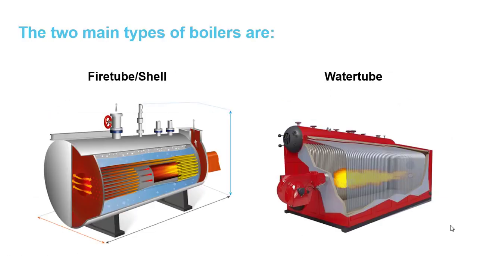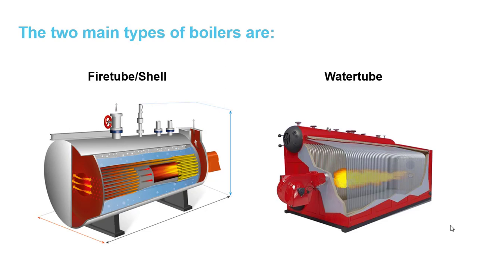There are two major classifications of boilers. One is fire tube, another one is water tube. Usually fire tube is also called shell and tube boiler. You can see in the picture the fire happening in the fire chamber. From there it passes through the flue, then it goes to the back end, then again it moves into the other side.